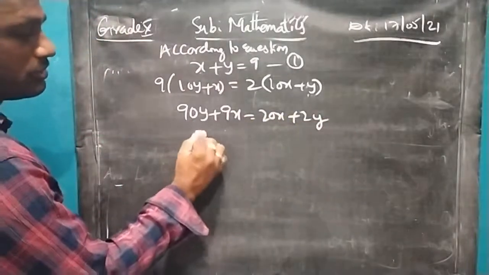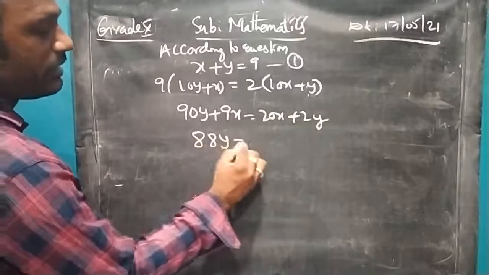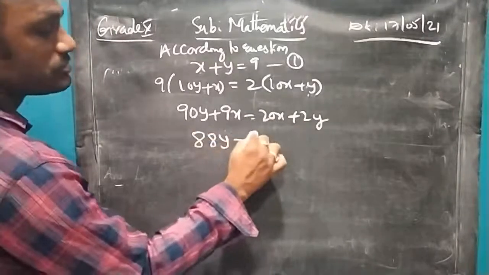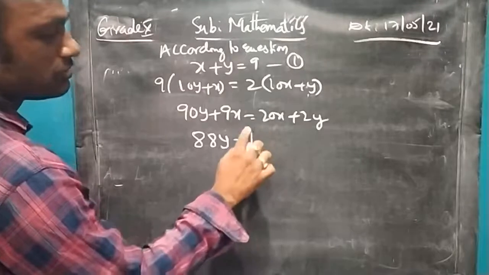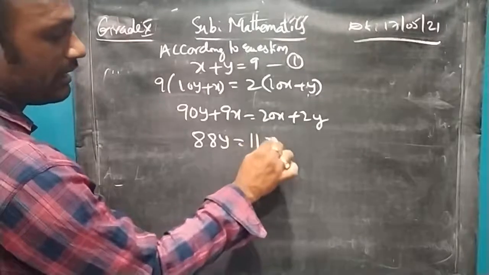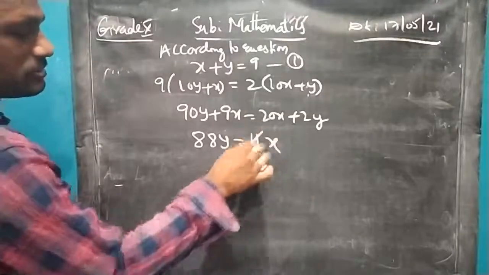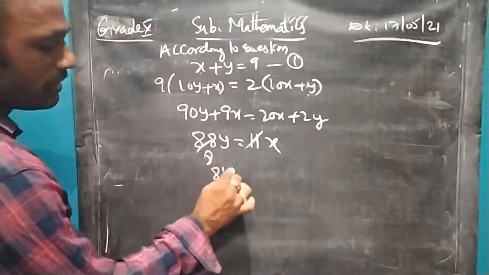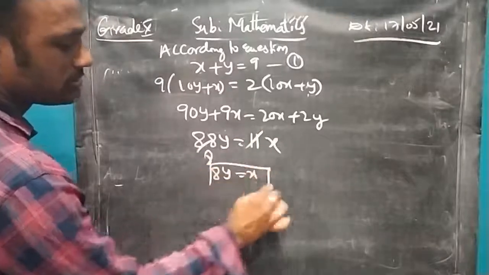So 88y is equal to 11x. 11 ones are 11, 11 eights are 88. So 8y is equal to x.